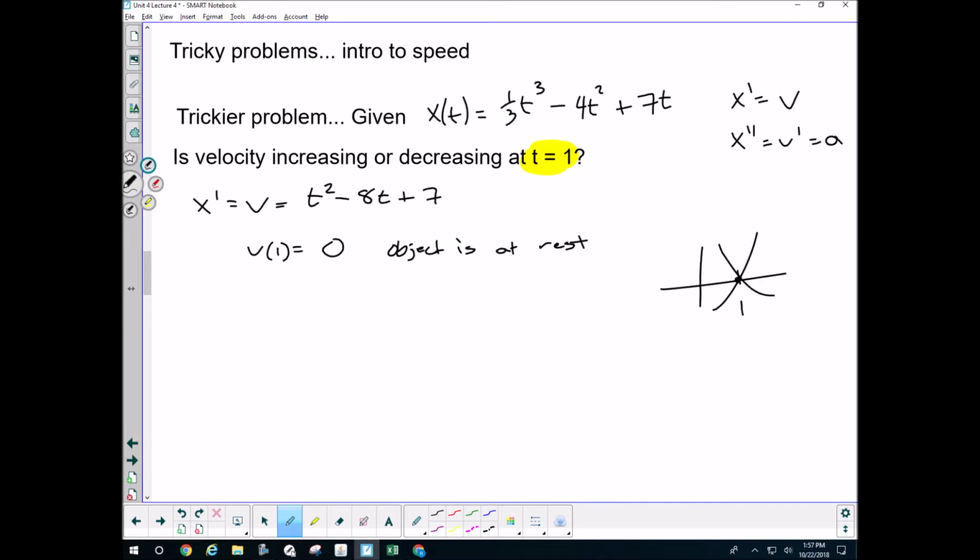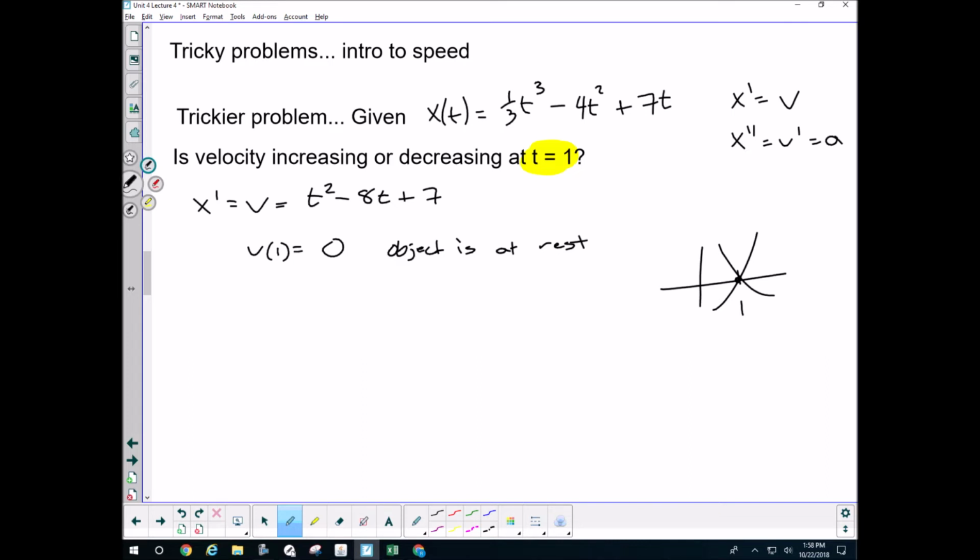And if you go back in your notes, use Miss Doris' note packet as an example. You go back to your notes to lesson 2. Right here. Something is increasing if what? Its derivative. The key word is its derivative. Its derivative is positive. Something is decreasing if its derivative is negative.